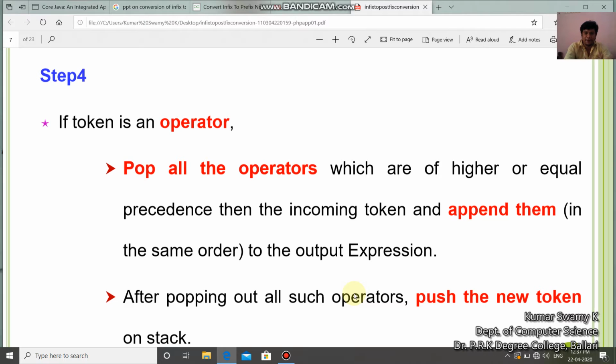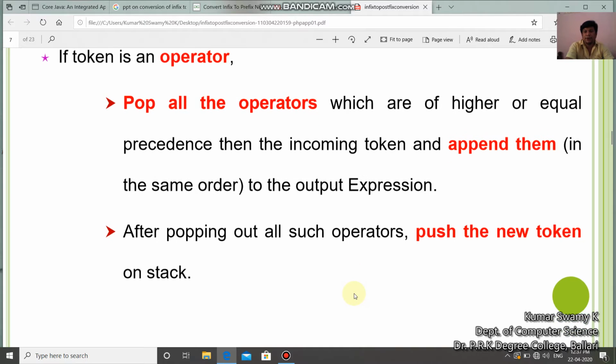You pop all the operators of higher or equal precedence than the incoming token and append them to the output expression. The output expression is the postfix expression. After popping all such operators, push the new token onto the stack.